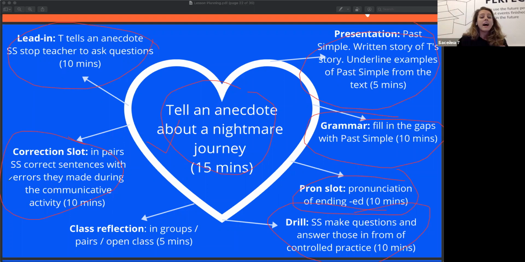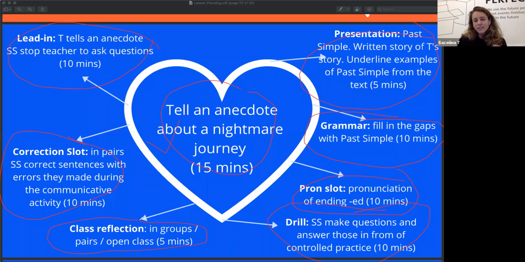Nice. Ideally, I will give them the chance to perform the same activity one more time, if we have sandwich feedback, but with different partners. So they pay attention to the mistakes that they have made before and now try not to make those. And then my favorite part of the class that we can also include is class reflection.